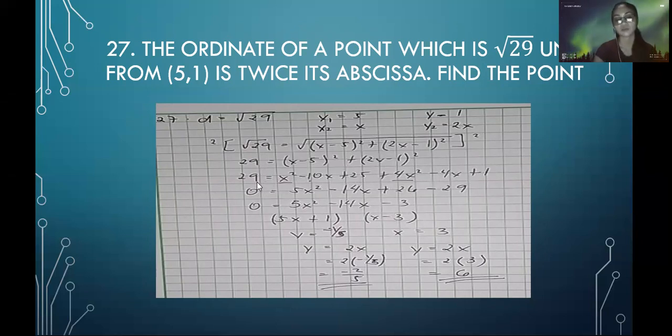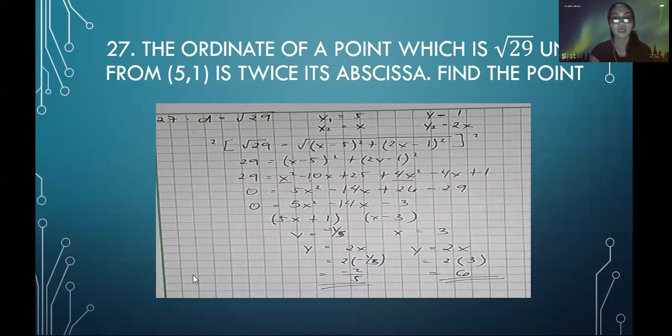So transpose 29 to the side. So it will become 0 is equals to 5x squared minus 14x plus 26 minus 29. So 0 is equals to 5x squared minus 14x minus 3. So 5x plus 1 times x minus 3.